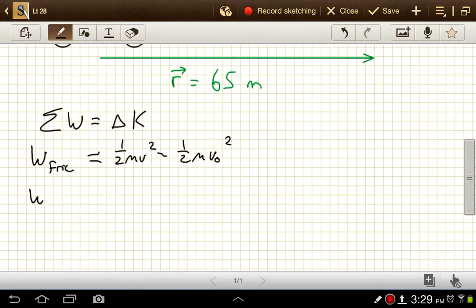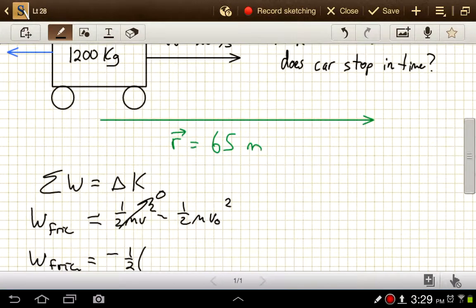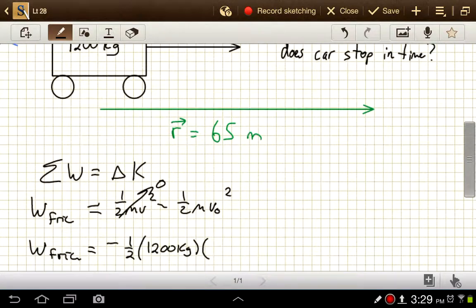And in our next line, that final velocity is going to be 0, so this just drops out, and we've got negative 1/2 times the mass of the car, 1,200 kilograms, and our starting velocity was 25 meters per second.